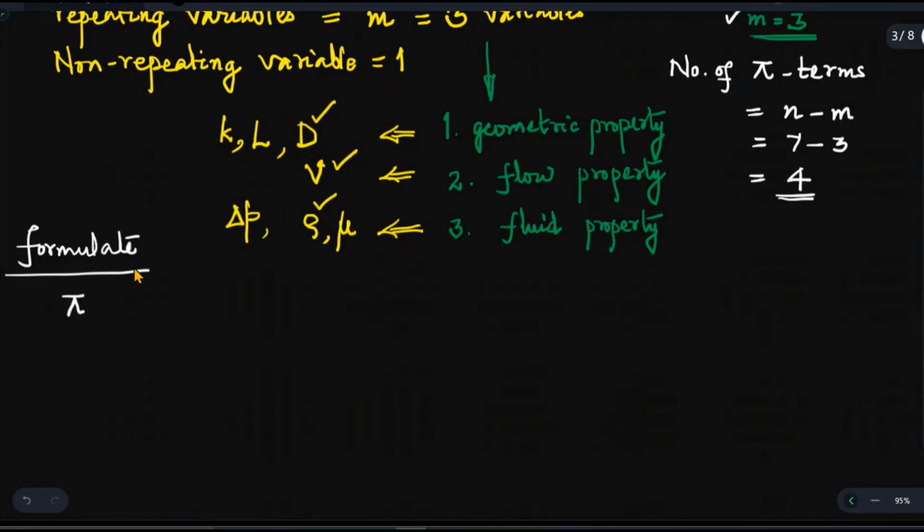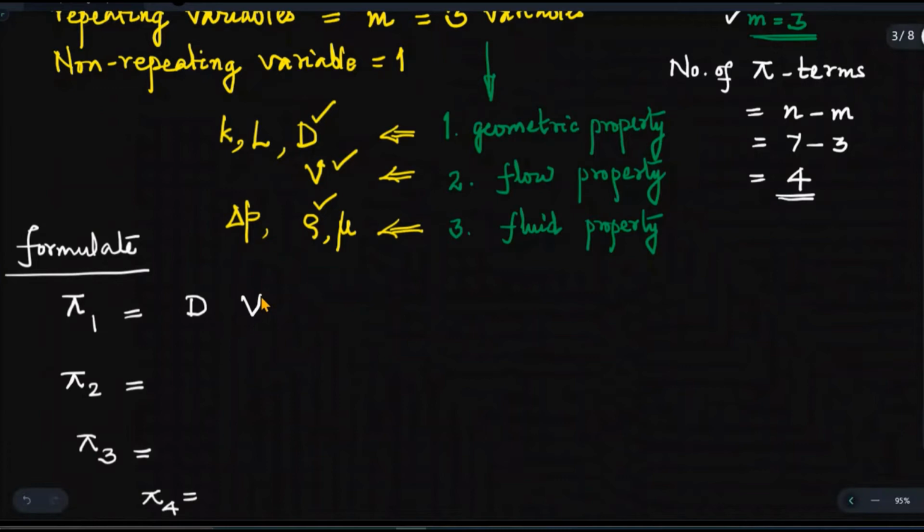the pi term. So pi 1, then pi 2, second pi term, non-dimensional group, unitless group, representing the given physical problem, pi 1, pi 2, pi 3, and we have pi 4. Okay, so how do you represent it? See, in all these, the repeating variables will be d, then v, and rho.